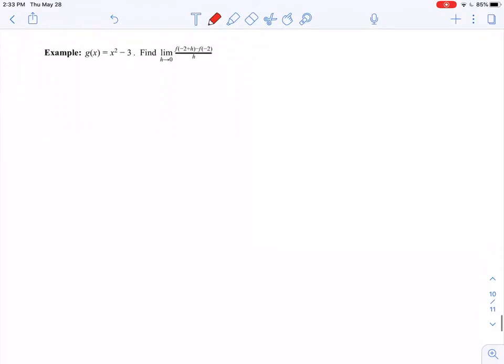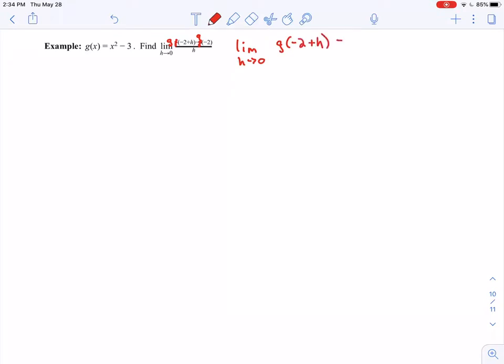I want to find the limit as h approaches 0 of g of negative 2 plus h minus g of negative 2 divided by h. My apologies for that, so maybe I'll just write that out over here. Limit as h approaches 0, g of negative 2 plus h minus g of negative 2 divided by h.